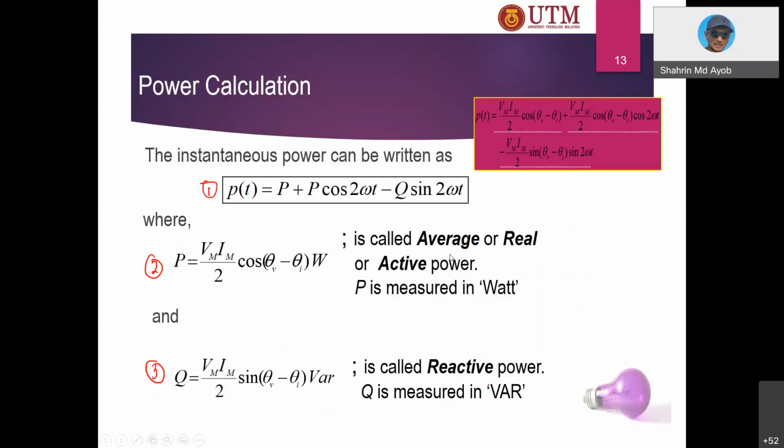Sometimes P is also called real power. It has a lot of names: average, real, active. These three names actually refer to the same parameter, which is P, while Q has only one name, reactive power.